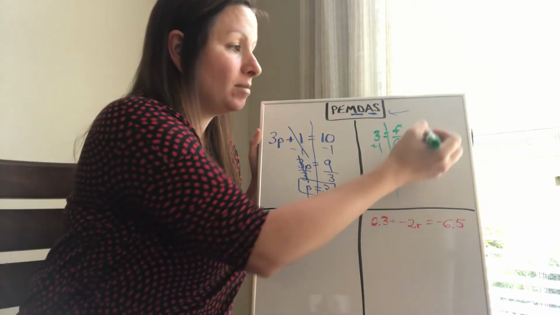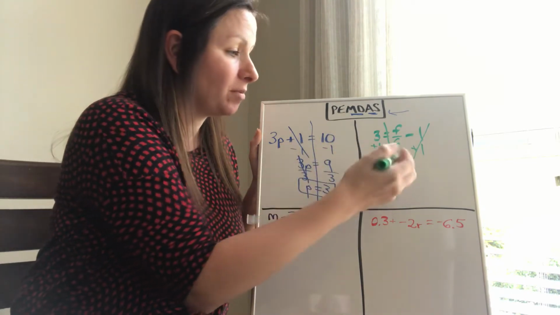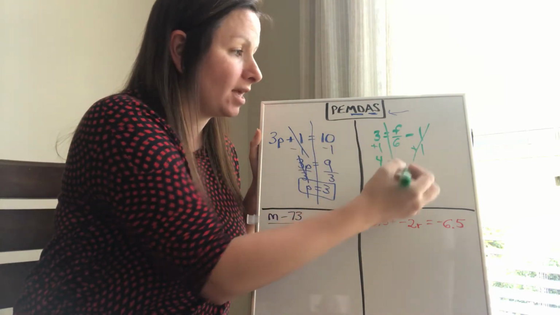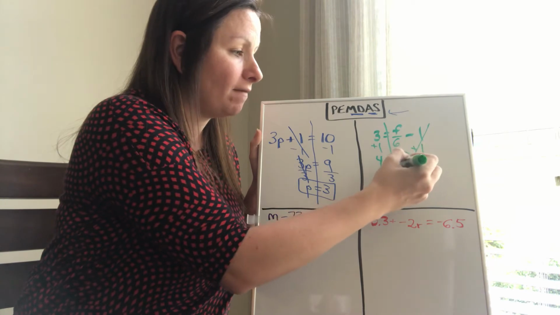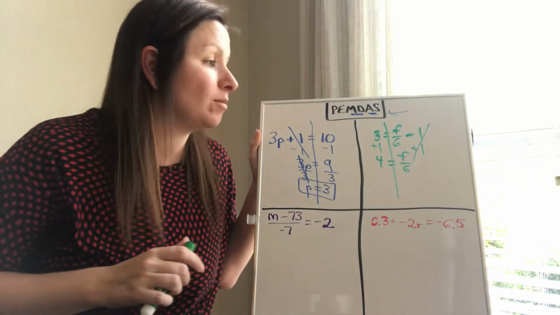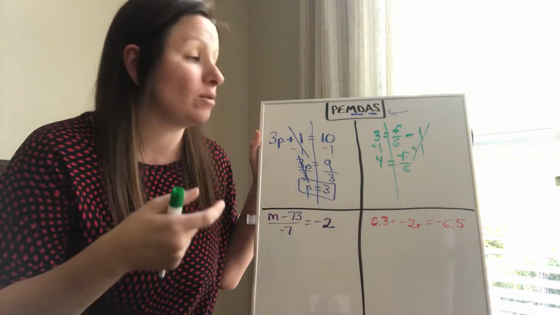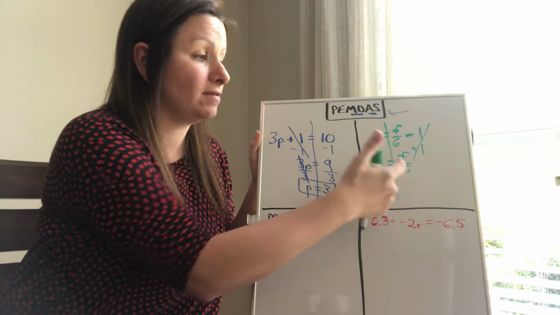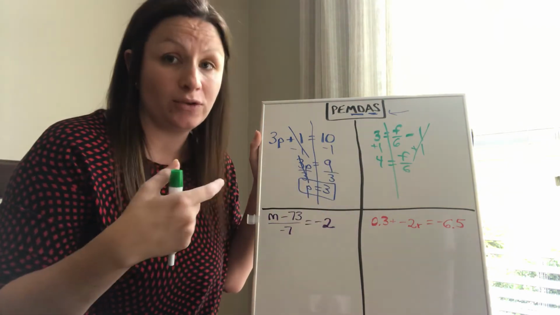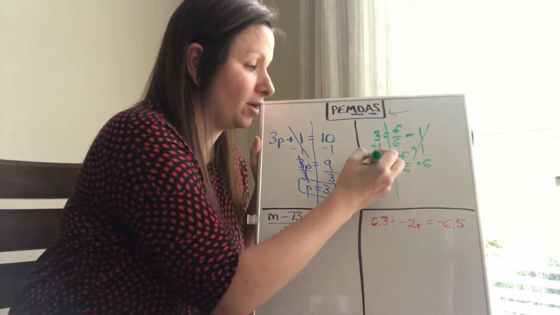So negative 1 plus 1 is 0. That's going to cancel. And we have 3 plus 1 is 4 on the left side. And we still have the f over 6 on the right side. Now keep in mind that when you have a fraction, that operation is division. So in order to get rid of this divided by 6, we will do the opposite, which means we will multiply by 6 on both sides of our equation.